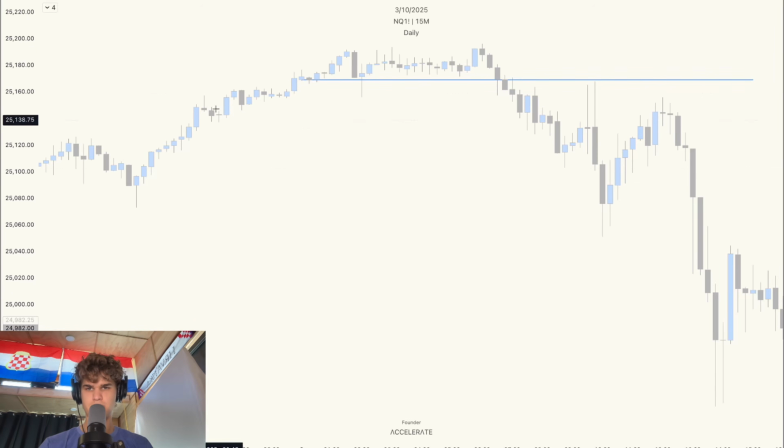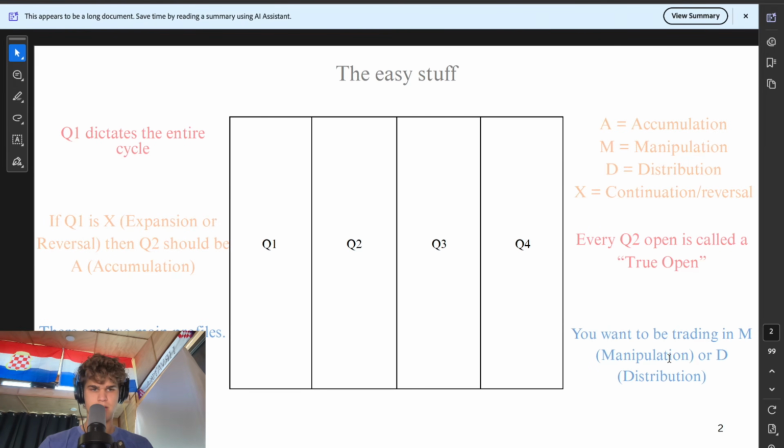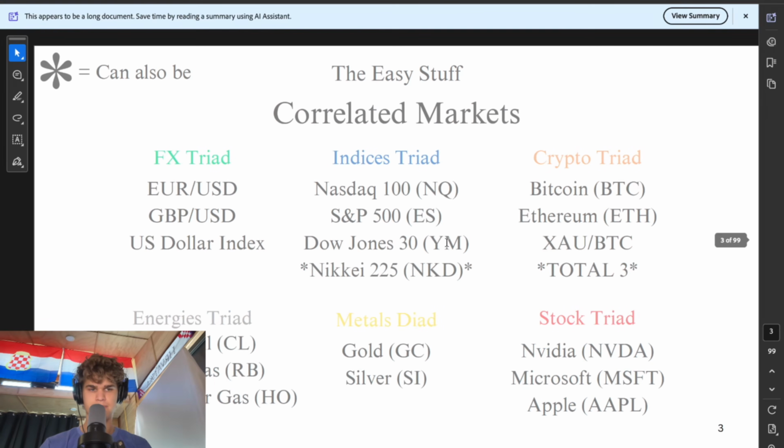That is because Asia here is quarter one. Quarter two, London, opens at midnight. That's the true open. Now back here, you want to be trading in M, manipulation, or D, distribution. So if you see X in quarter one, you want to be trading quarter 3 and 4. If you see A in quarter one, you want to be trading quarter 2 and 3. Makes sense.